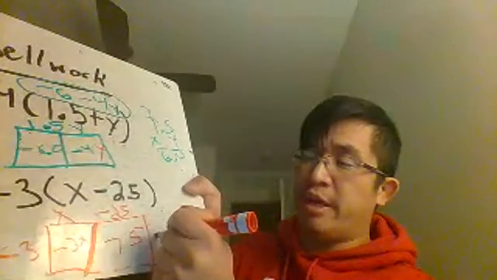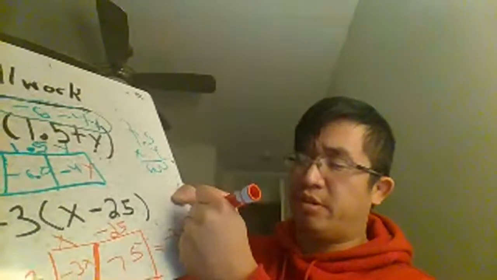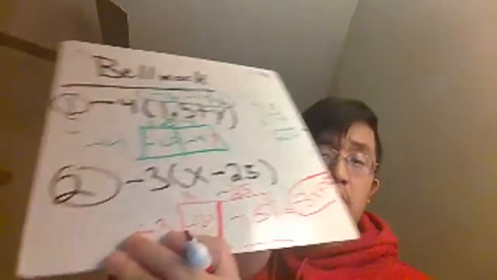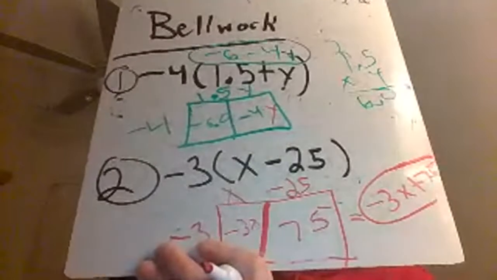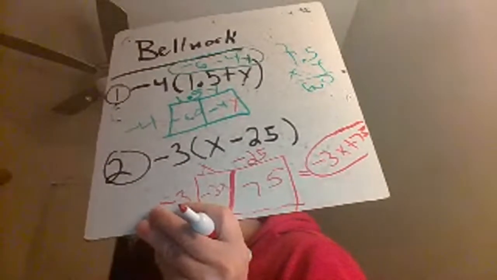So our answer right here is -3x plus 75. With that, I'd like you to solve these 4 problems for classwork.